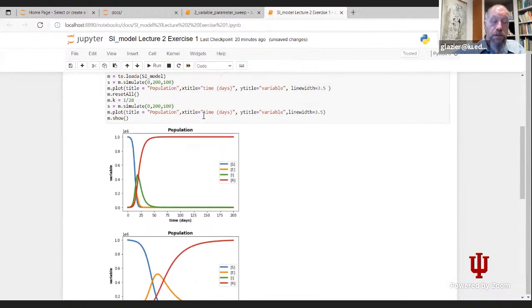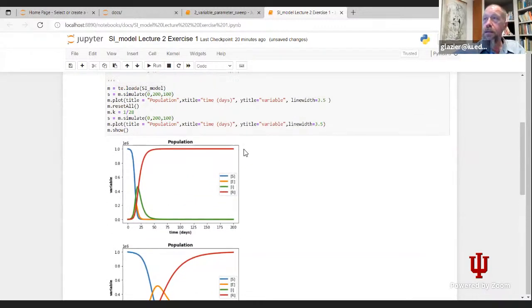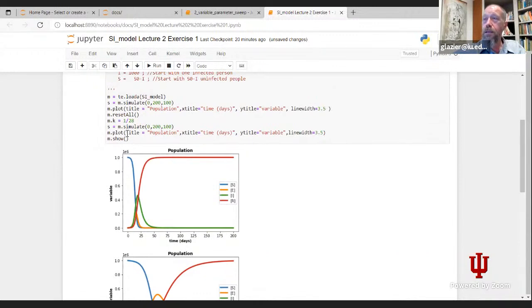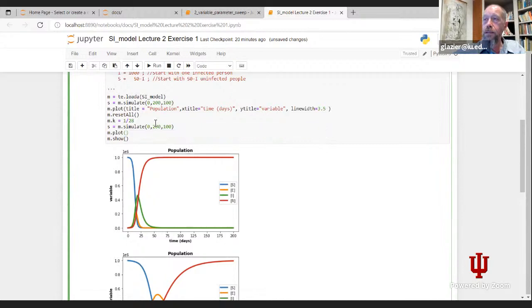You need to do a show false in the plots. So in the plot, you need to say show equals false in the argument of the plot. Got it.